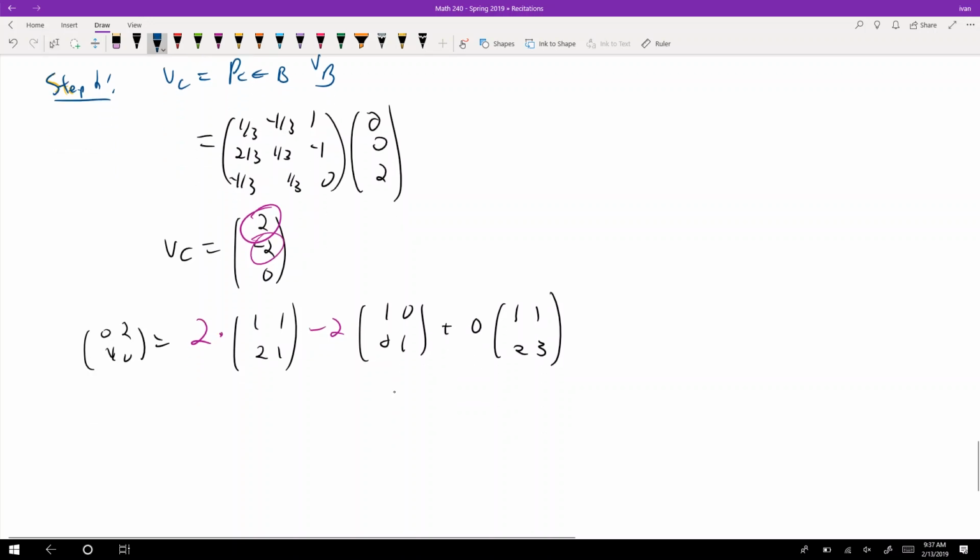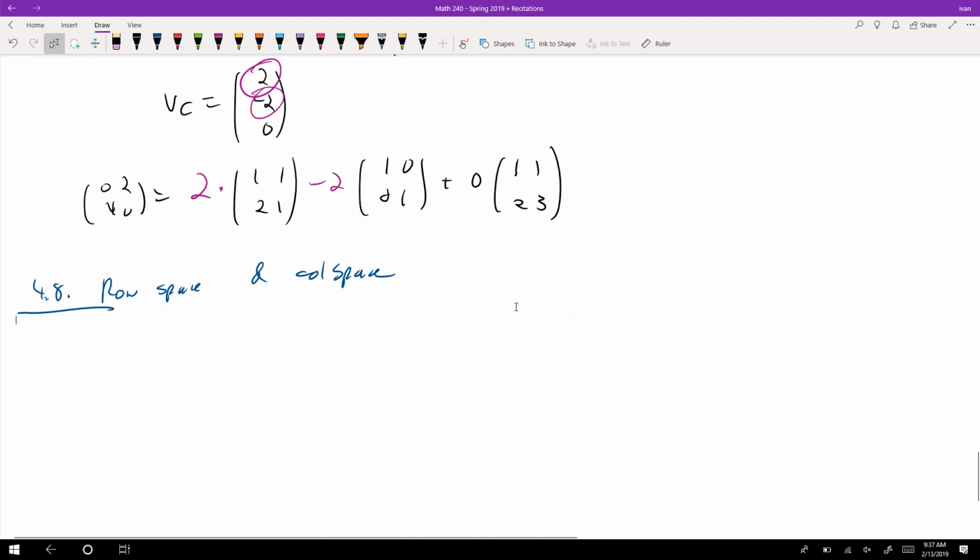Section 4.8 is going to be row space and column space. Let's start this off with some definitions.